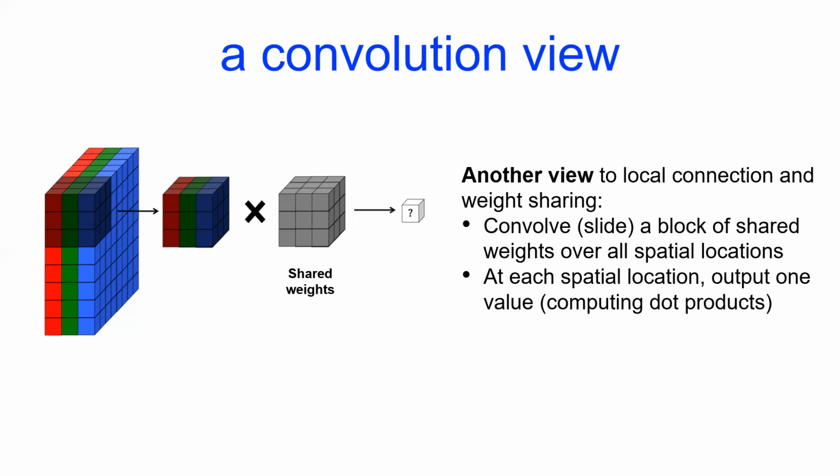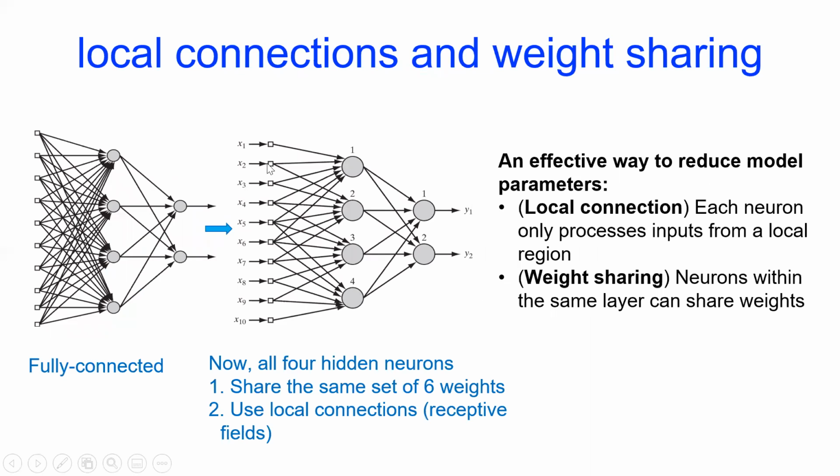So essentially it looks like you are sliding your shared weights across your image. At each position, you take that local region of inputs, do a dot product or weighted sum, then generate output. This is essentially doing the same thing, because we have shared weights that go through your input, and at each position you generate a weighted-sum neuron output.